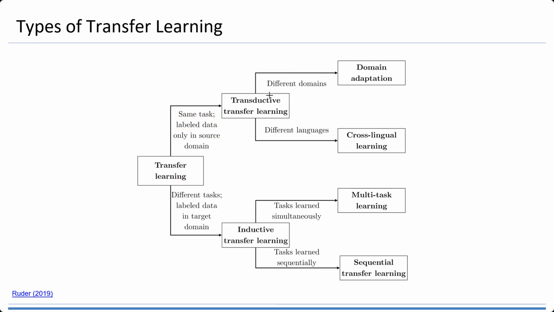For example, we have transductive transfer learning. So if it is in different domains, we can use domain adaptation. If we use different languages, we can use cross-lingual learning. Okay. Different domain.